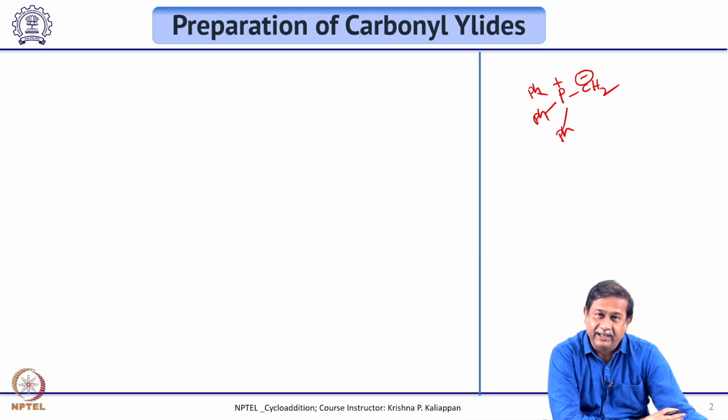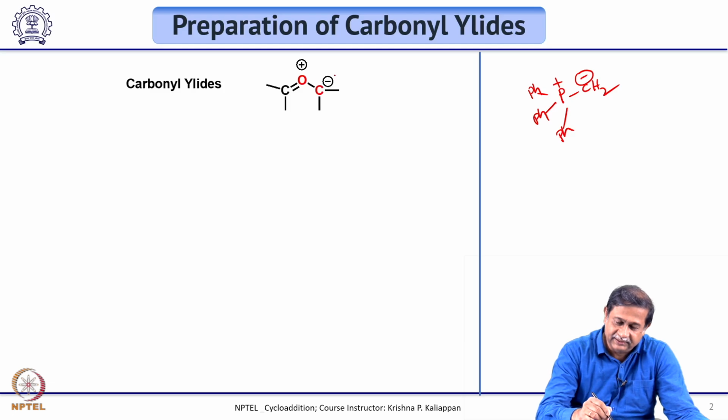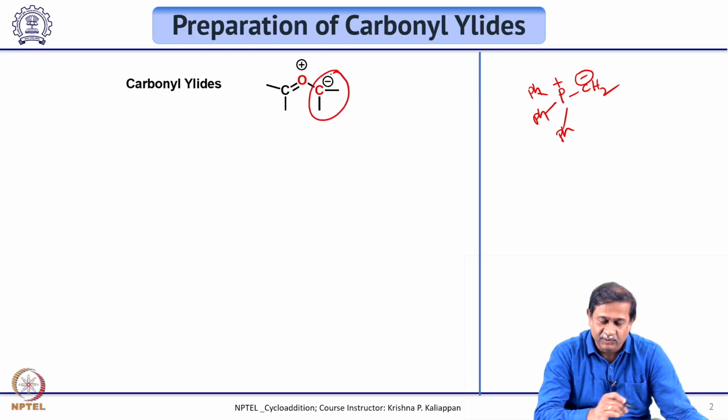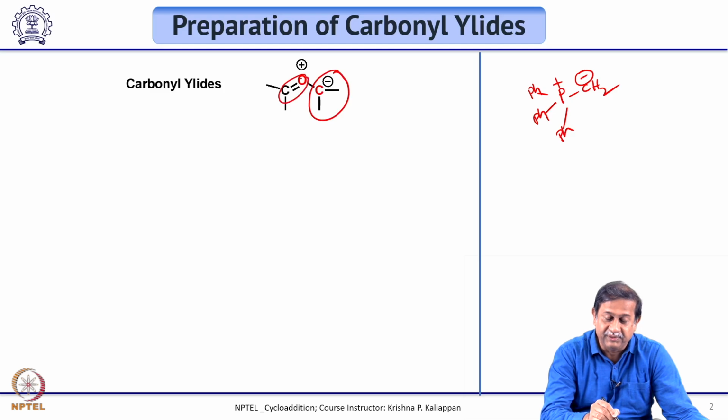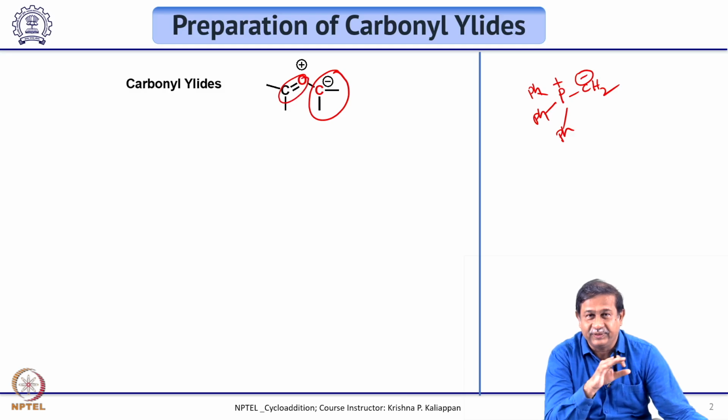Along the same line, in a carbonyl ylide you have a negative charge on the carbon which is attached to a carbonyl group, and the carbonyl oxygen has a positive charge. That is why this is called carbonyl ylide.